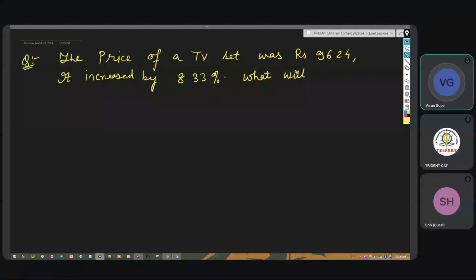What will be the new price? A pretty simple one. One more question. Okay, let's just first of all solve this question.